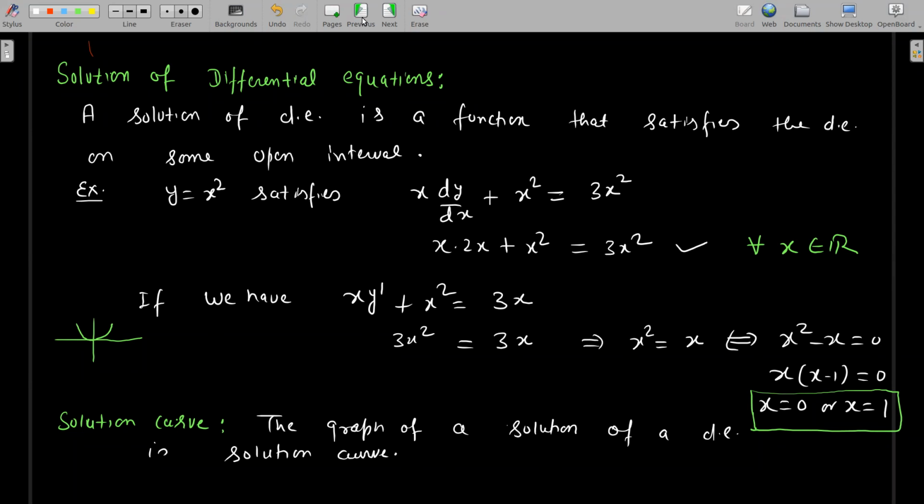So let us take an example. Let us say we have this family of circles.